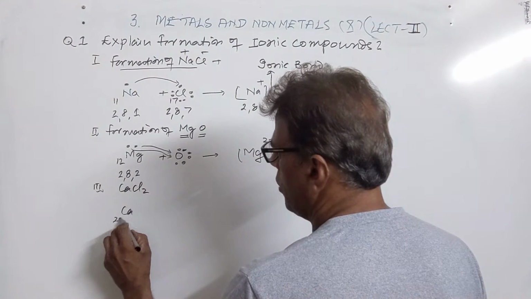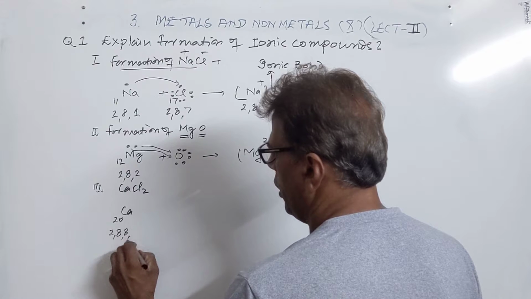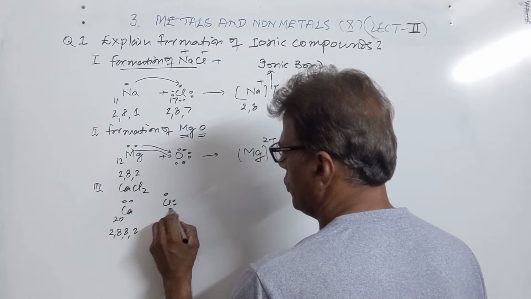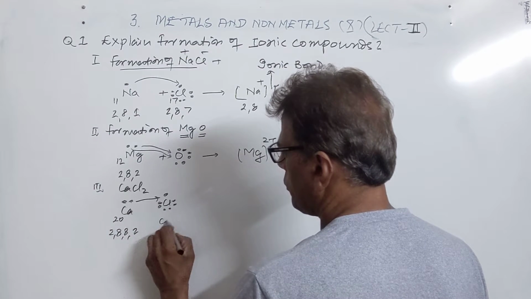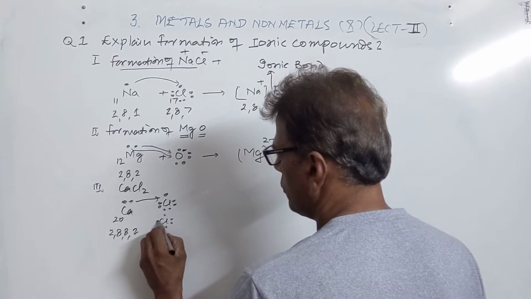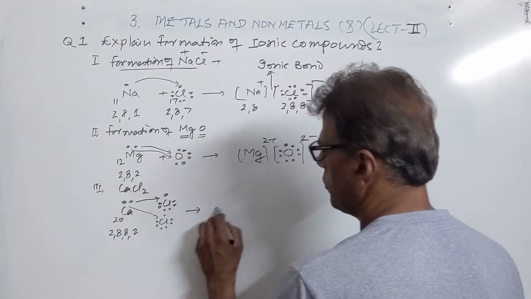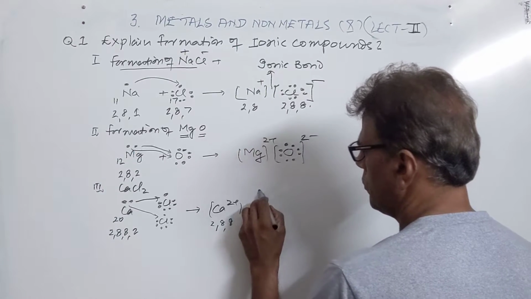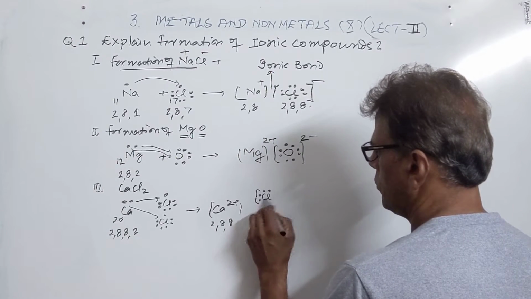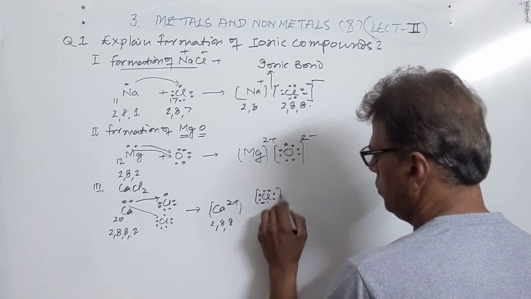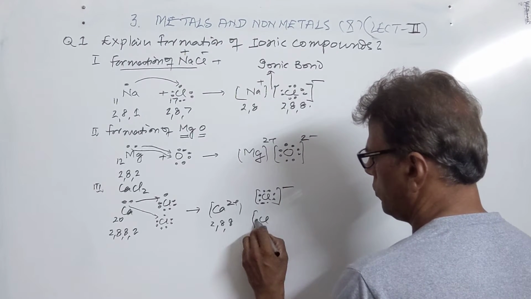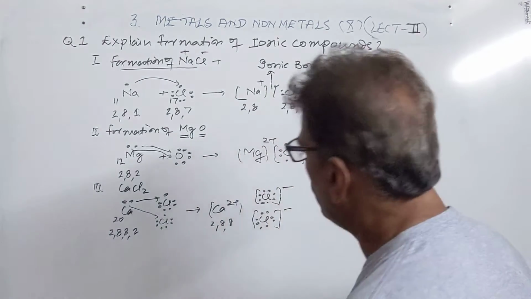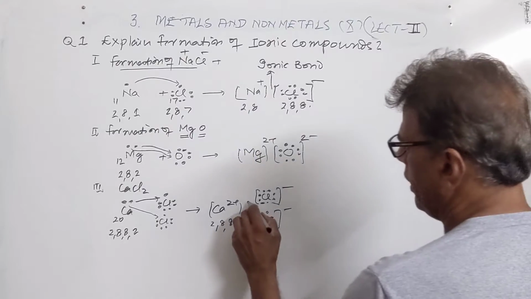Ca has atomic number 20, with configuration 2, 8, 8, 2. 2 electrons in excess are given to the 2 chlorine atoms. This is calcium chloride. The bond formed again is ionic bond.